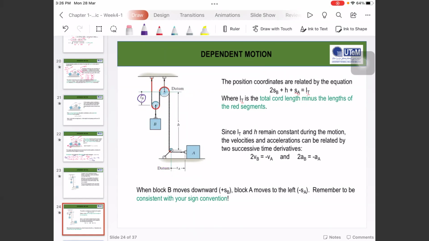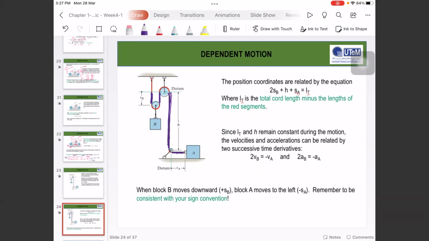Okay. Kemudian kita tambah total length of the rope. Okay, start dengan level. Here is SB, so distance, okay, SB. And then here is, let's say we call it as a H. Berubah, and then here is SA.